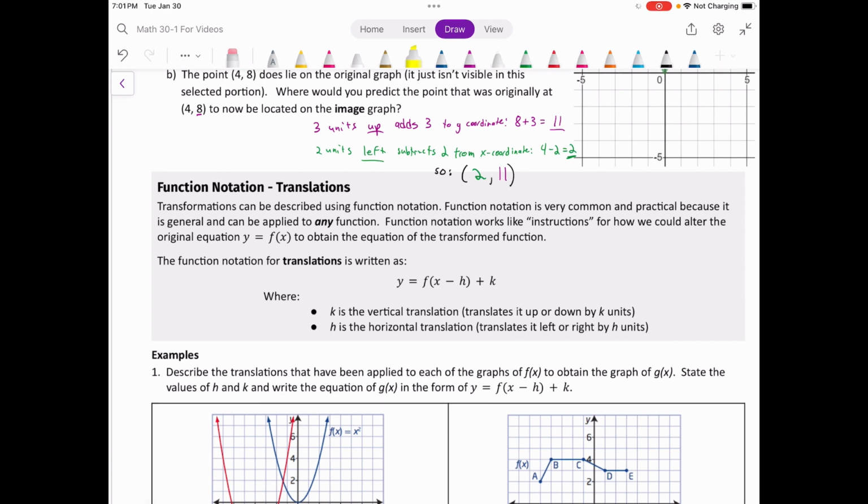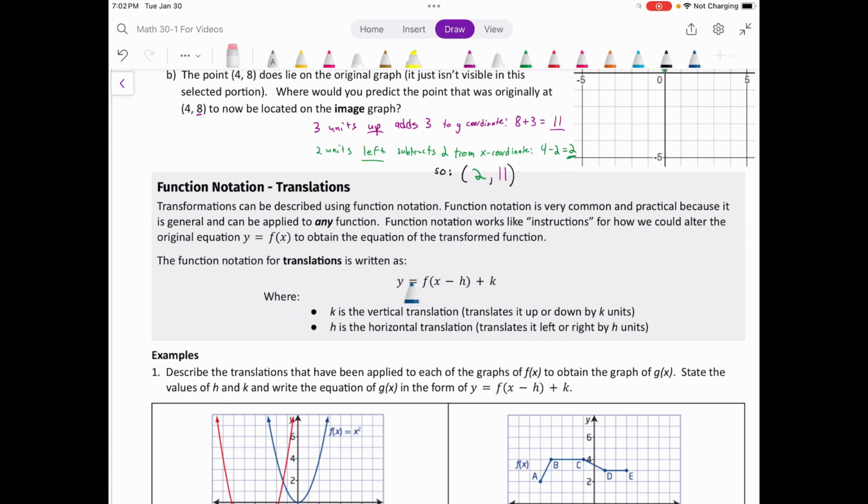Okay, so let's get into how we can show these. What we have here is something we're going to use a lot. You will find it's going to look a little different than this because right now we're just focusing on translations. We're going to build this up and add in stretches and reflections too. So you'll see on your formula sheet something that looks like this, but it has a little bit more going on. We'll meet those parameters as we go.